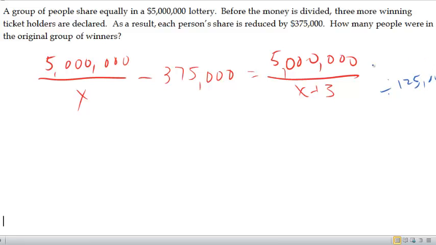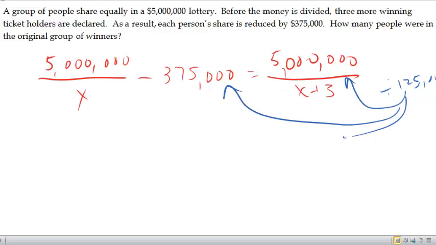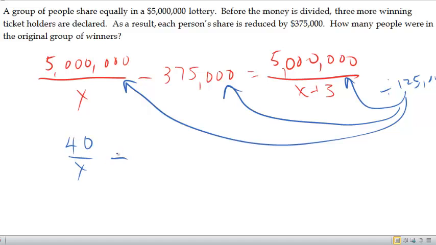Since we're dividing all 3 of these terms, it's going to take away from the numerator, not the denominator. It won't change our value, but it'll get rid of some of these zeros. So we end up with 40 over x minus 3 equals 40 over x plus 3. I don't know about you, but that makes me lots happier.